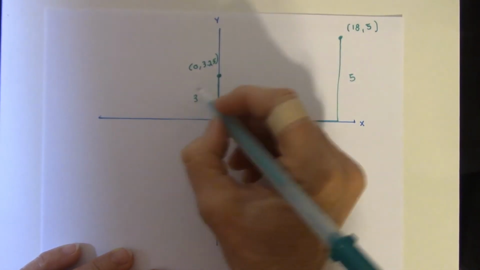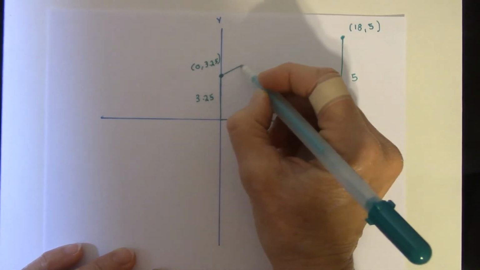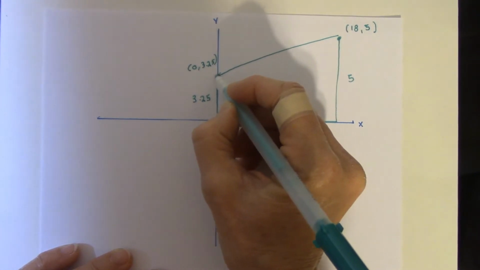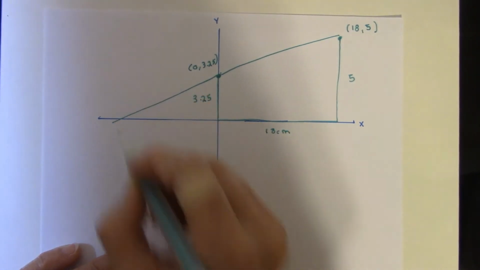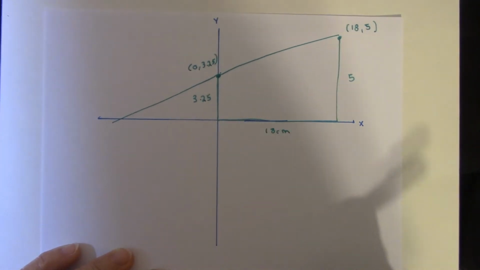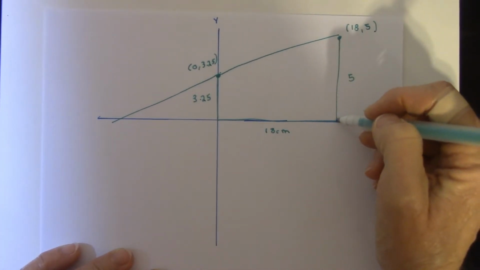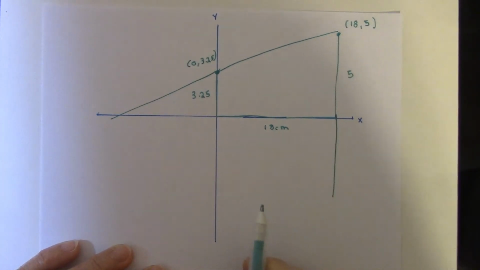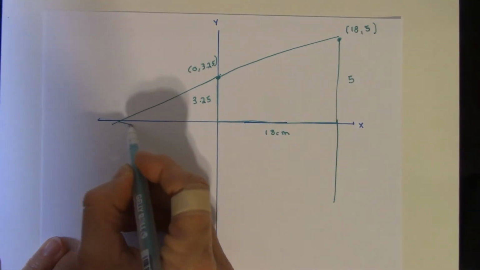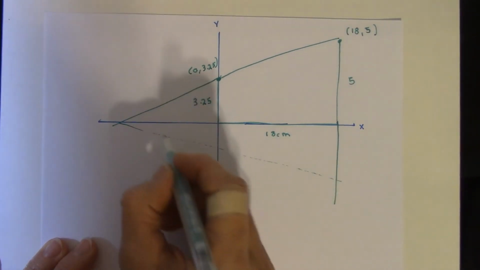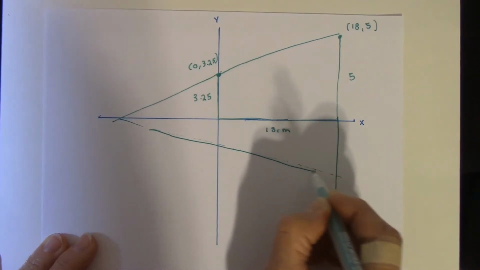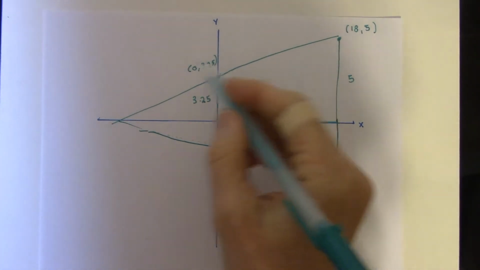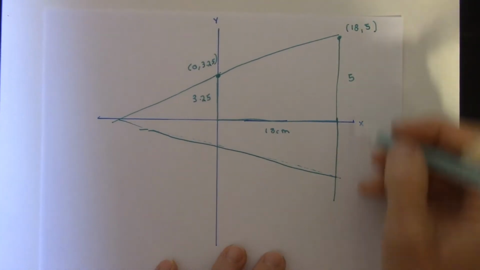That's going to let me draw in the line, but I'm going to need the equation to find out where it crosses the x-axis. Then I'm going to revolve it to come up with the volume of my big cone, and then I'll take off the top of it to come up with the volume of my cup.